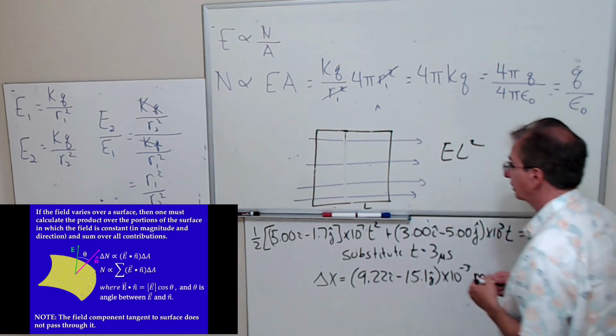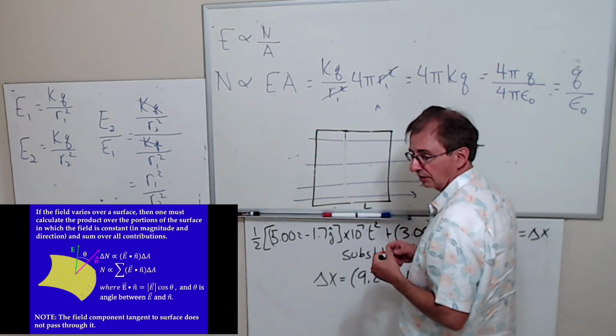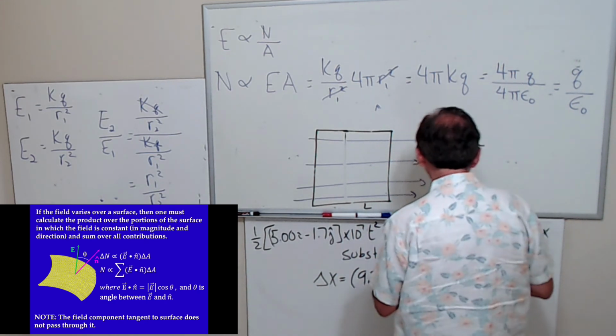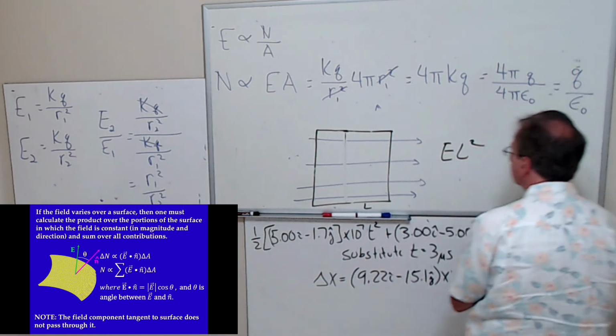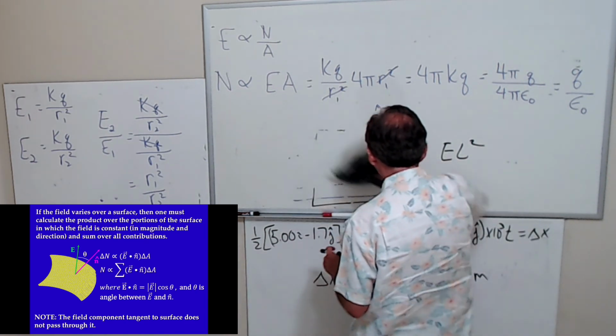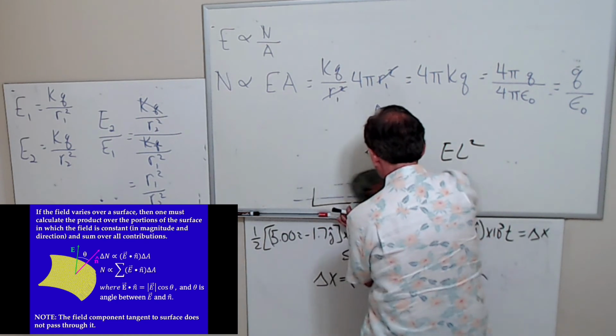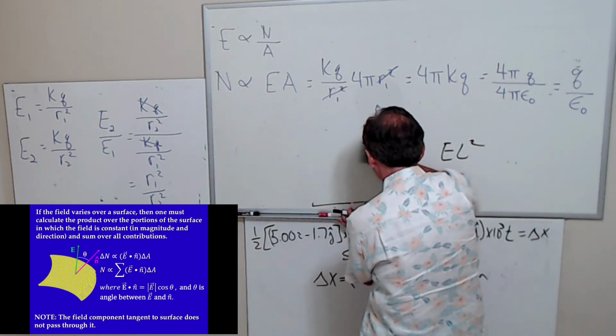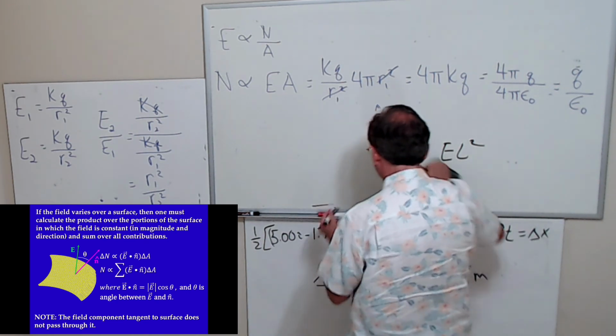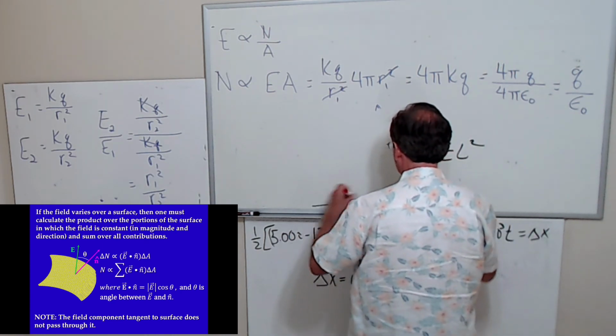And the component of the field that passes through it is determined by E dot n. So let's say instead of having an electric field that's horizontal, let's draw an electric field like this.